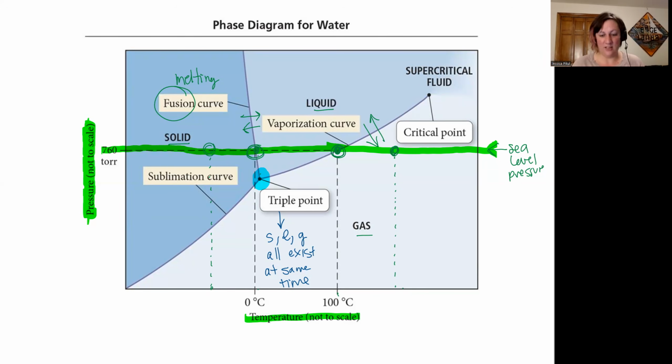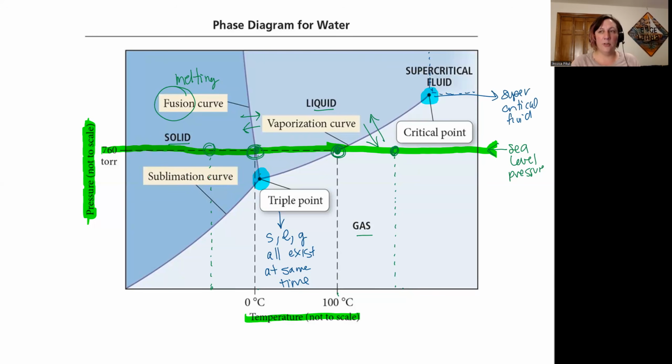It's crazy looking. There's another really important point on this too, and it's called the critical point. It's up here in the right-hand corner. The critical point is when you start producing supercritical fluid. It's at temperatures above this and pressures above this point.